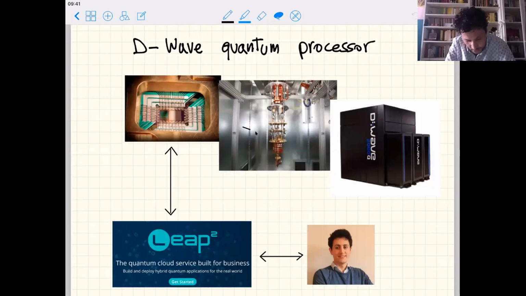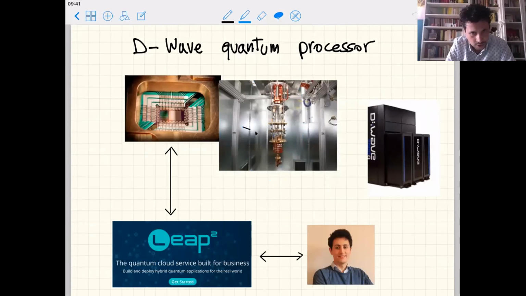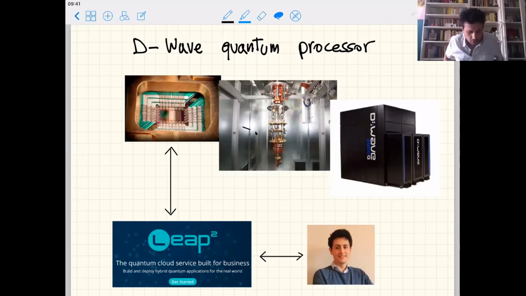So there are superconducting circuits patterned on the chip, and you have to keep it at a very low temperature by putting it into this cryostat, which then goes into a bigger black box here. But the interesting thing is that through a cloud service, you can access the chip, meaning you can initialize the chip, you can run some driving on it, and you can read out. That's what Lorenzo did.